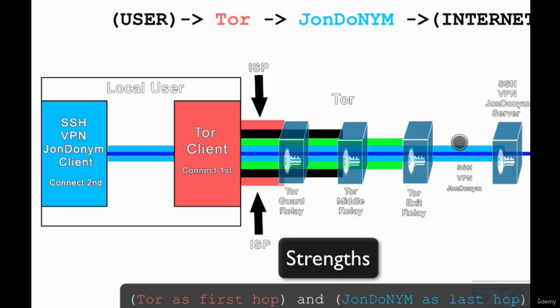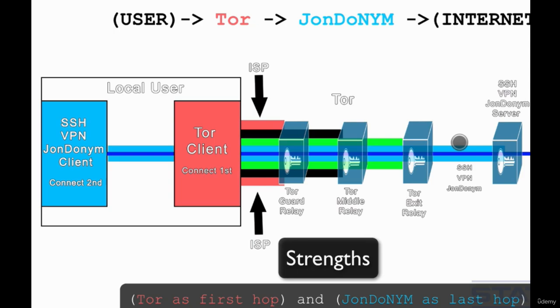And after that, the user goes to SSH, VPN, JonDonym, and then Tor and internet .onion, your desired target. So here SSH, VPN, and JonDonym are the first hop and Tor is the last hop.